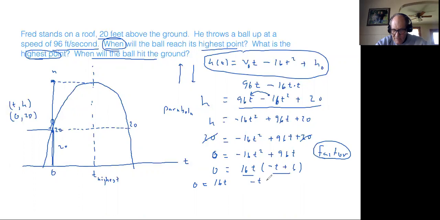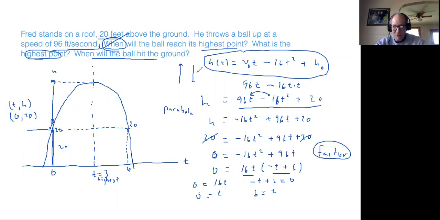So I set these two factors equal to 0, and I get t equals 0, which is right here, and t equals 6. So I know this 20 feet is at the 6-second mark. What does the highest t have to be, since this is symmetrical? It's got to be 3 seconds. So there, we just found that part of the problem. When will the ball reach its highest point? At 3 seconds.